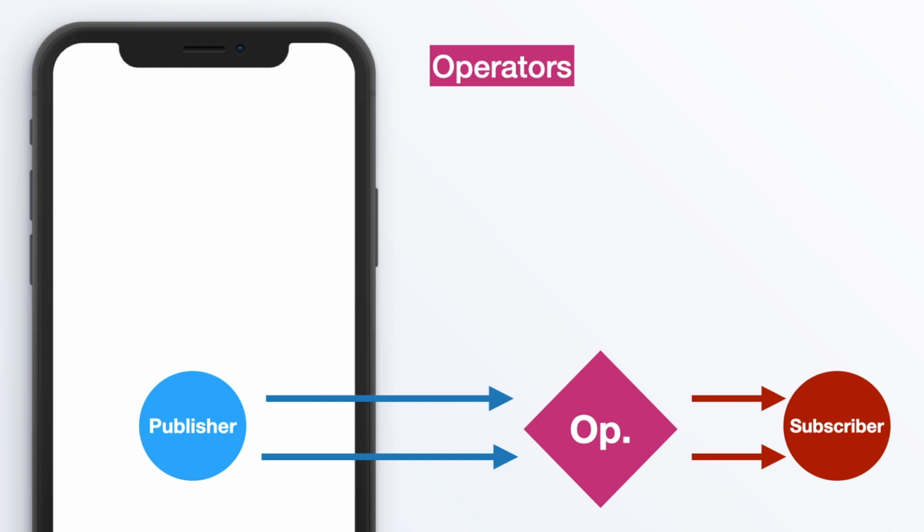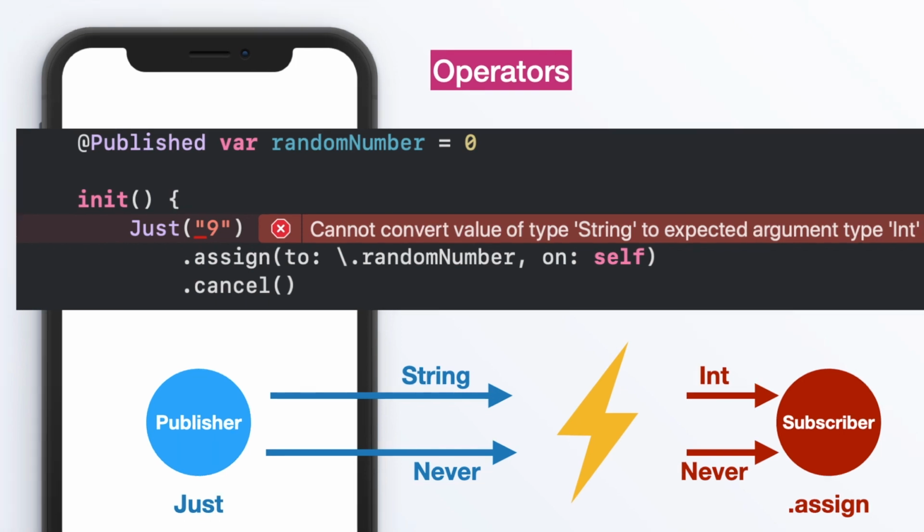Now, to understand why we need operators, let's have a look at an example. In this case, I'm using the Just publisher that doesn't publish an integer but a string, and the string contains a 9. Now I'm trying to subscribe to it by using the assign, and I want to assign whatever the publisher gives me to the random number.